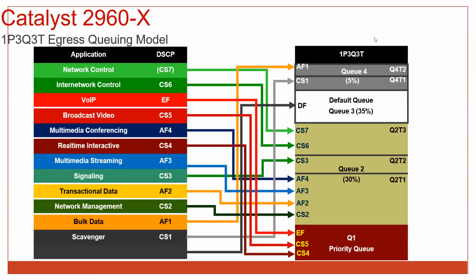So what I'm telling here is that you have your network control traffic, right? Network control traffic and internetwork control. These are the control packets, and you want to give these control packets high priority. You can see here that in this queue, I have 1P, 1 priority, 3Q and 3T threshold.